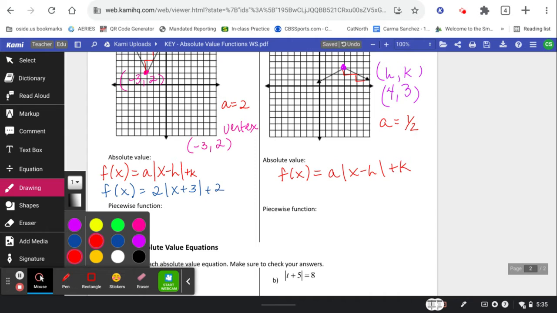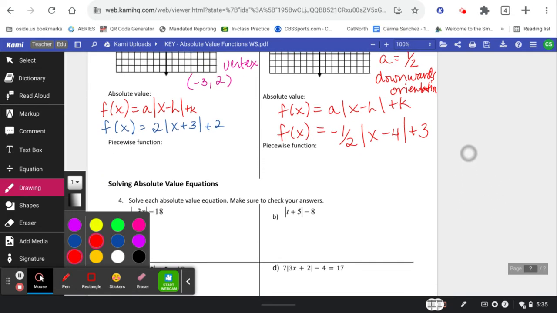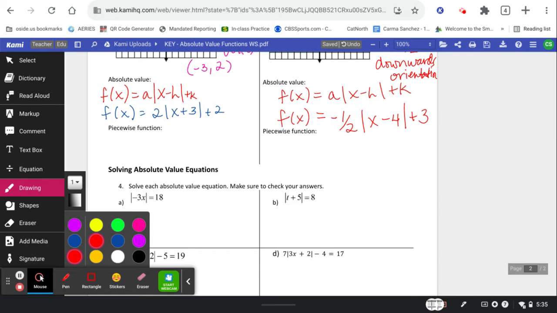And I can tell that it is going down. Anyways, it's a downward orientation. So that means that I'm going to have a negative A value in front, x minus 4 plus 3 for my function.